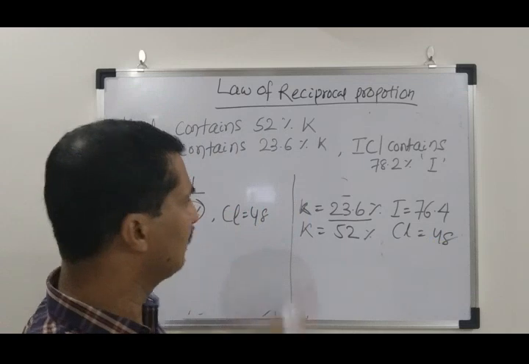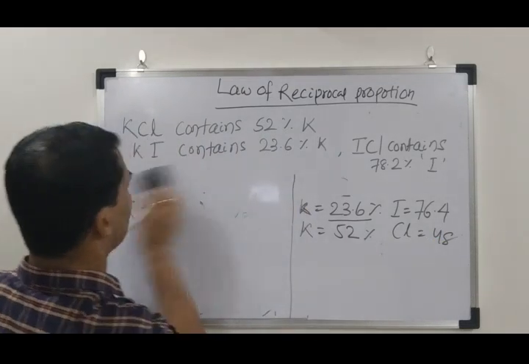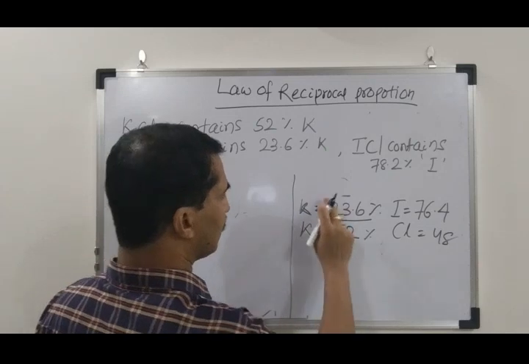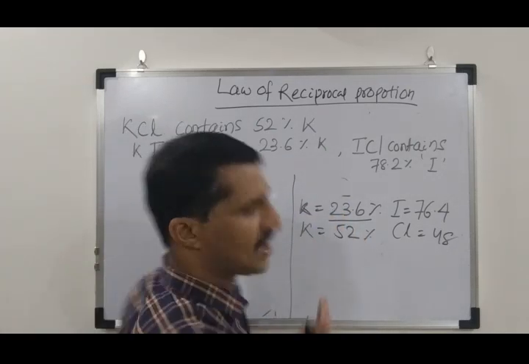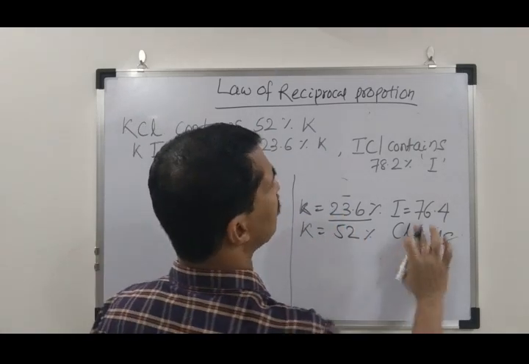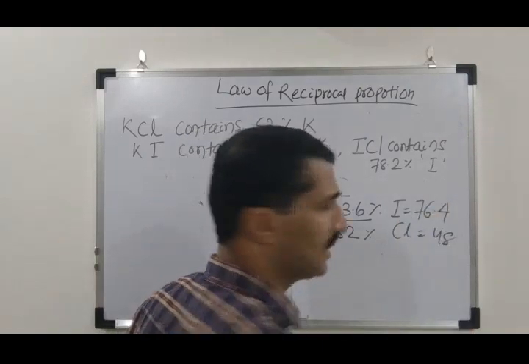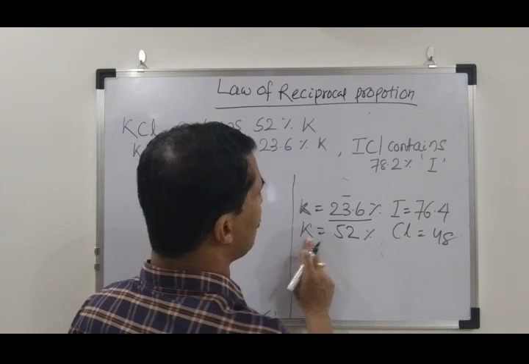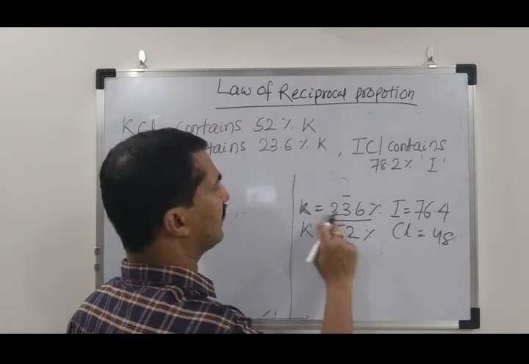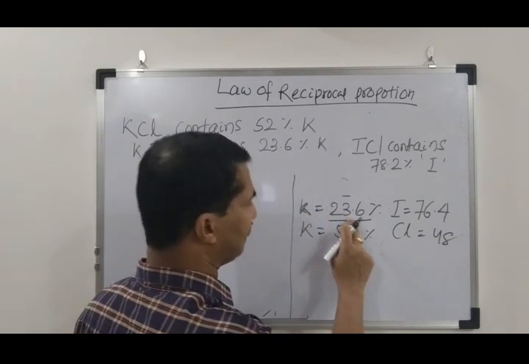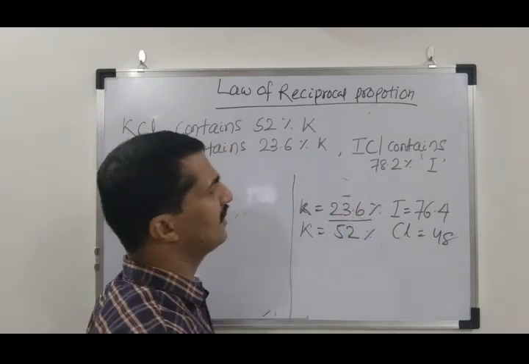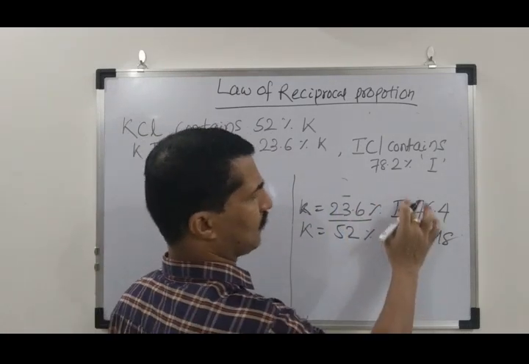What I will do is maintain the potassium content constant, so that it will be easy to make a ratio between chlorine and iodine. Once both are 52%, I will take a ratio of chlorine and iodine.